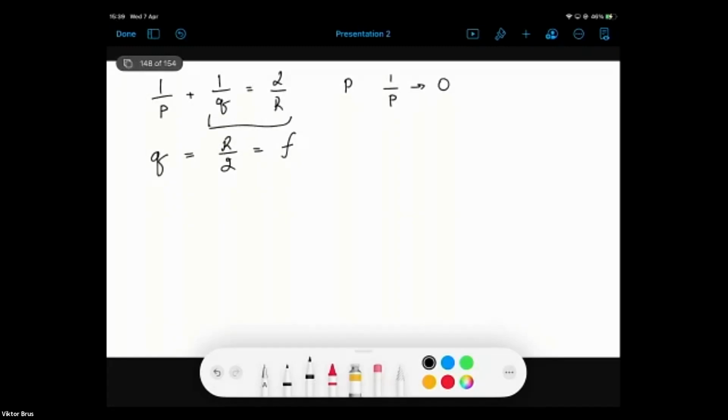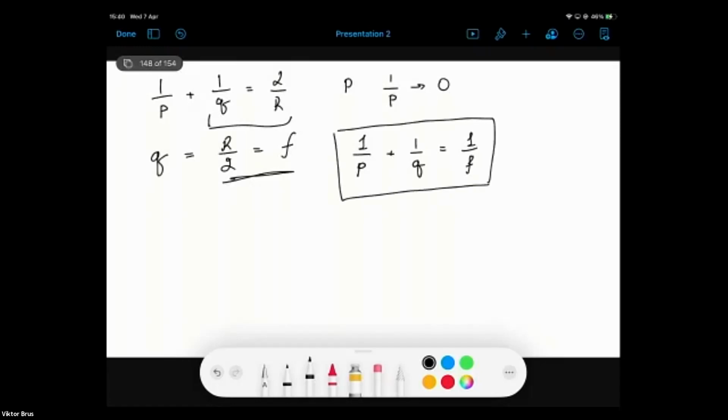So taking this into account, we can write the mirror equation in the most common form. It will be 1 over P plus 1 over Q is equal to 1 over F. So this is the most common form of the mirror equation.